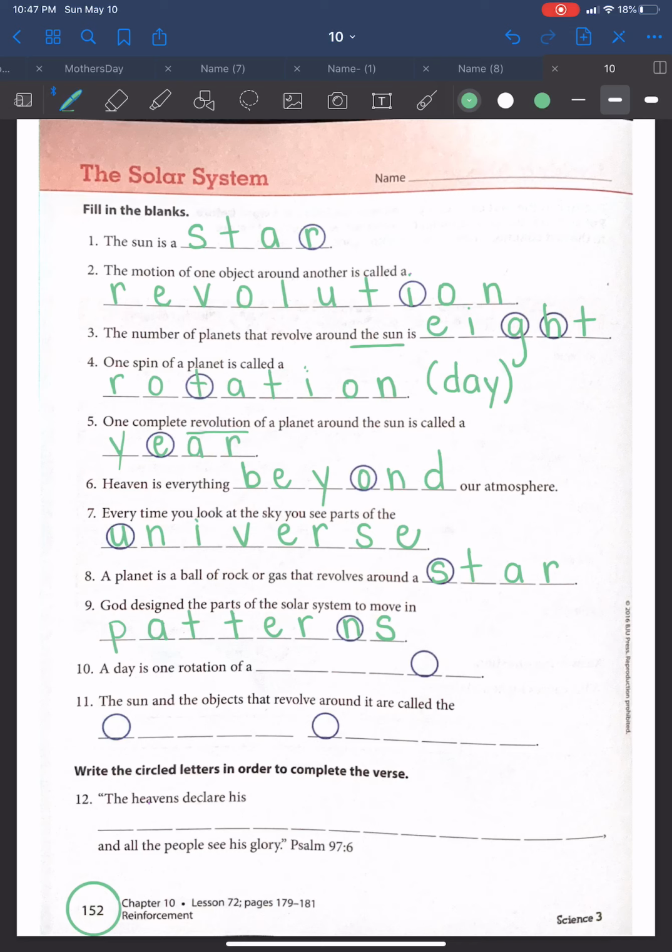And while their days might be different lengths or different amounts of hours, each one of our planets follows this rule. One rotation is a day. And then the sun and all the other objects that revolve around it are called the what? Great job. The solar system.